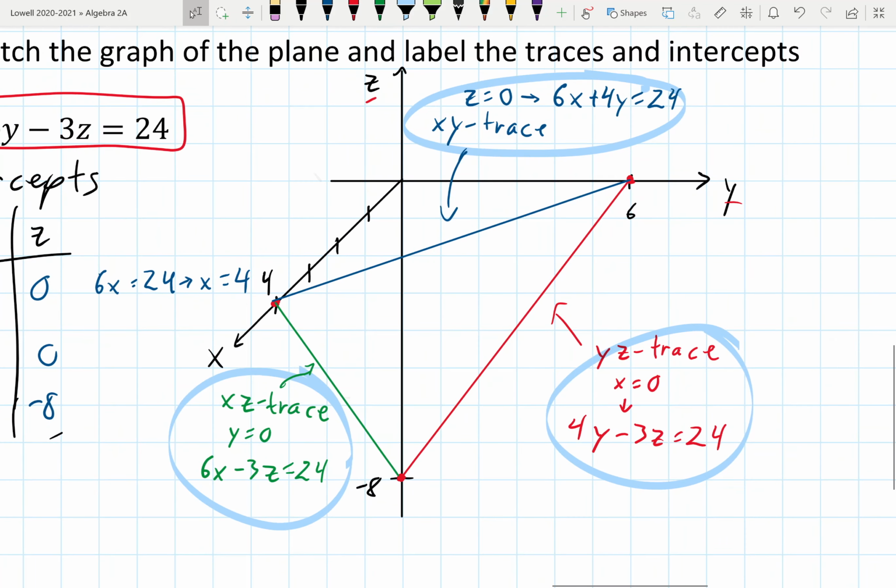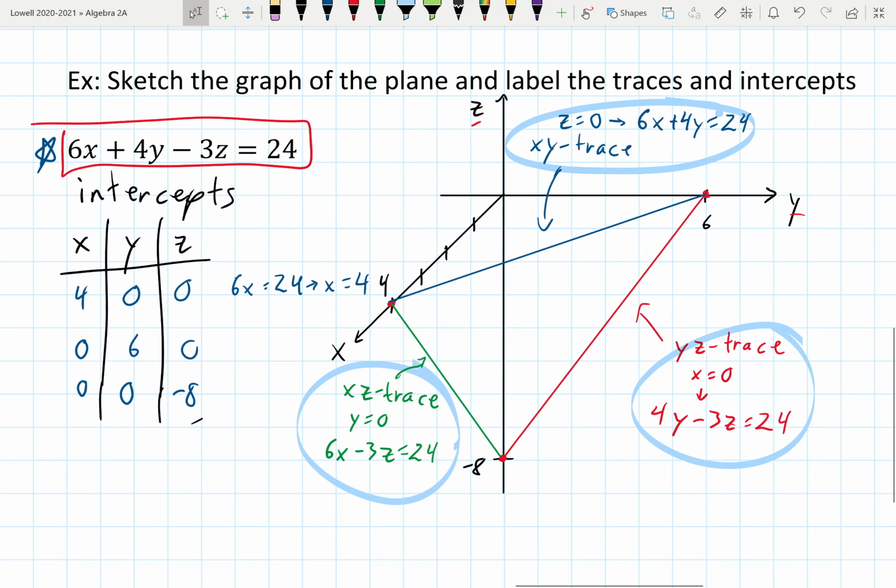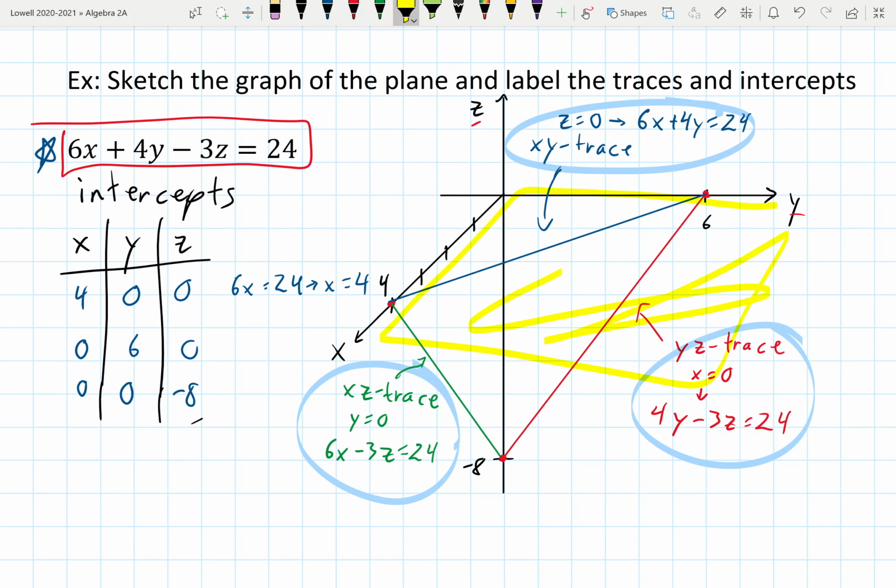Alrighty, the last part I just want to do is kind of tidy up the plane. So again, from our perspective, we see this plane, if you imagine, is coming out of the floor. If the XY plane, I'll pull out my yellow highlighter, the XY plane right here, this whole business, that's the floor that you're standing on.